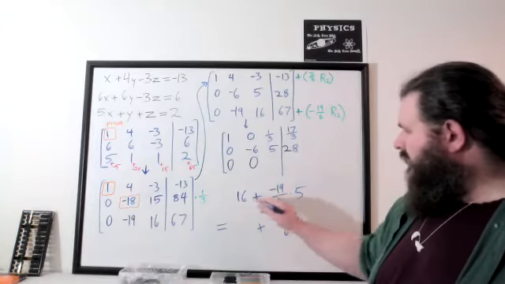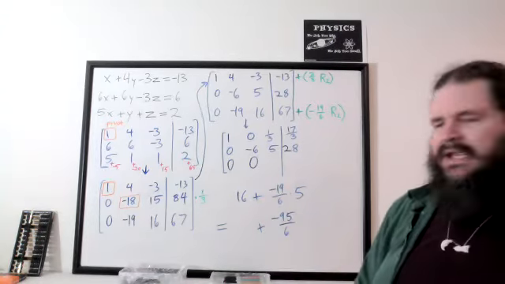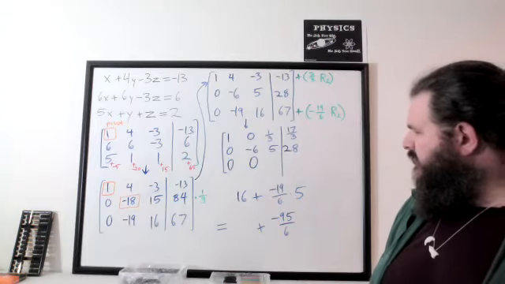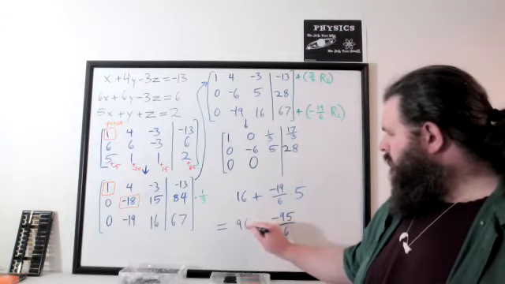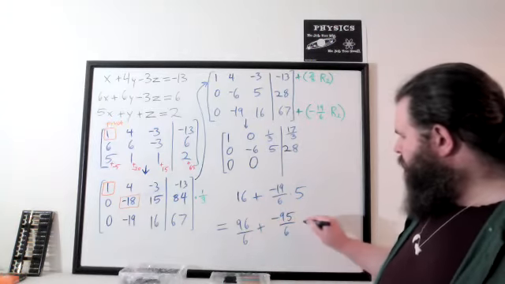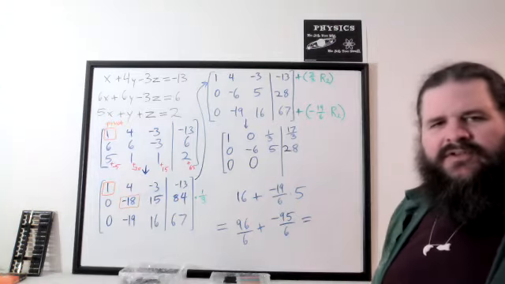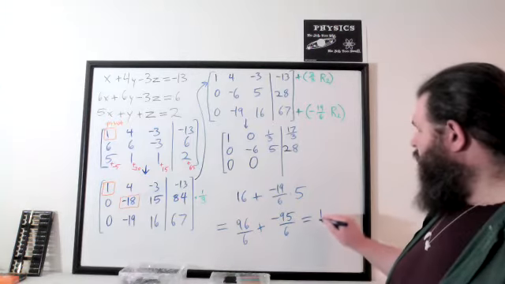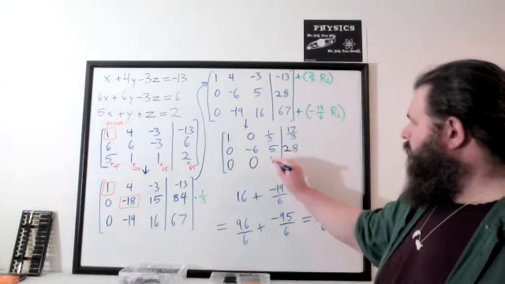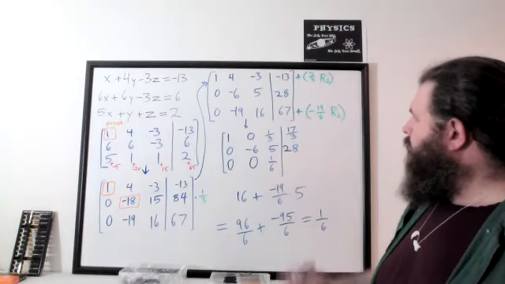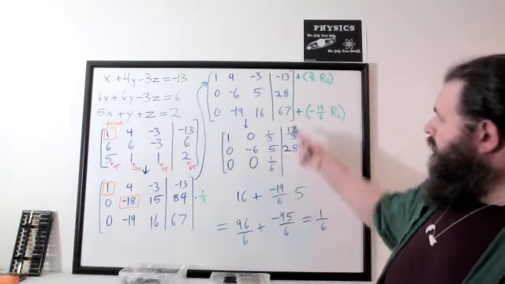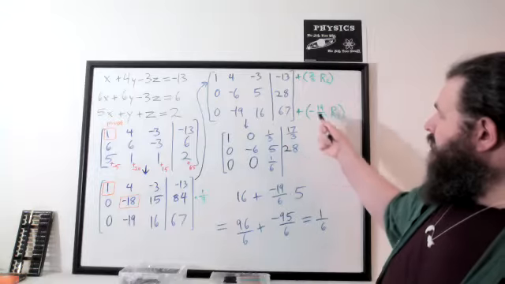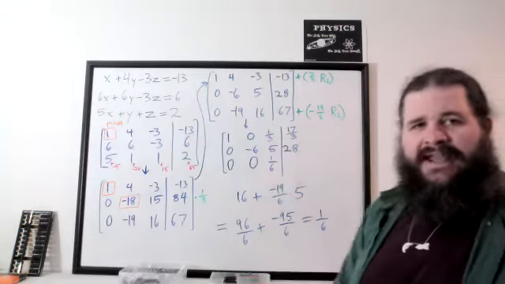And then 16 in terms of sixths would be 96. Does that look about right so far? So that'll just be positive 1/6. And then we also have a 28. We're adding -19/6 times 28.